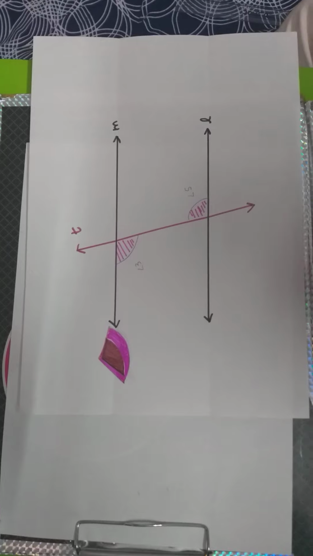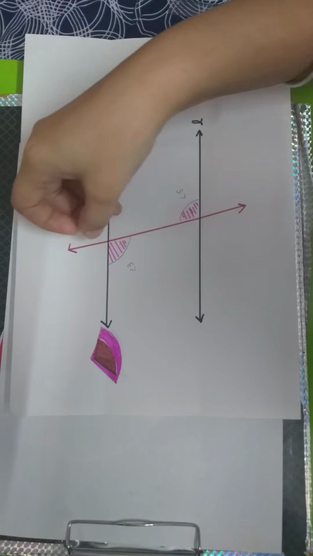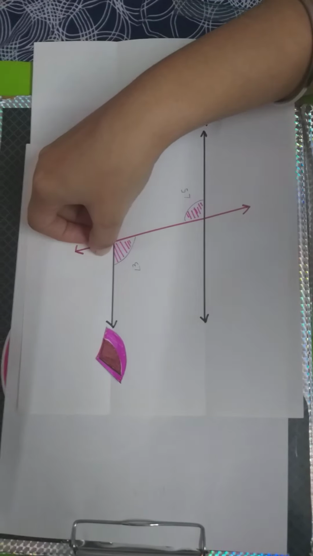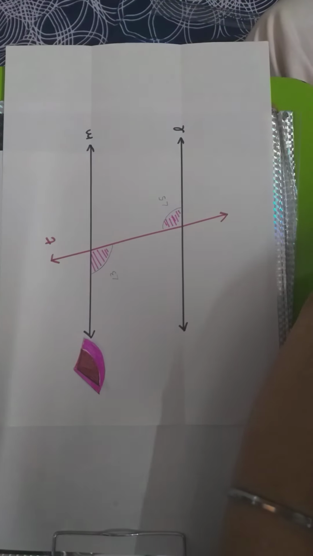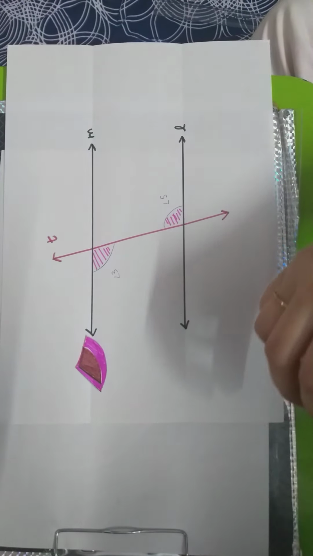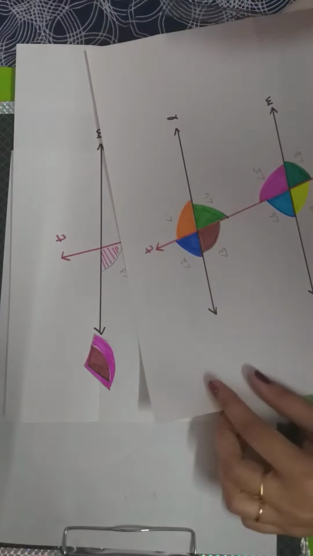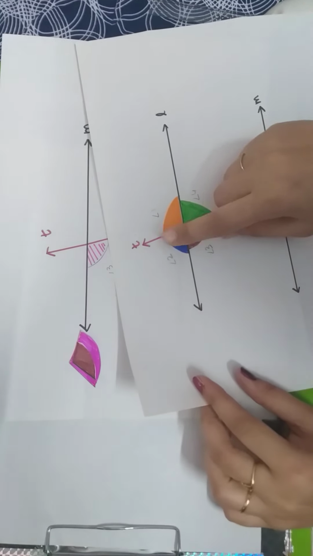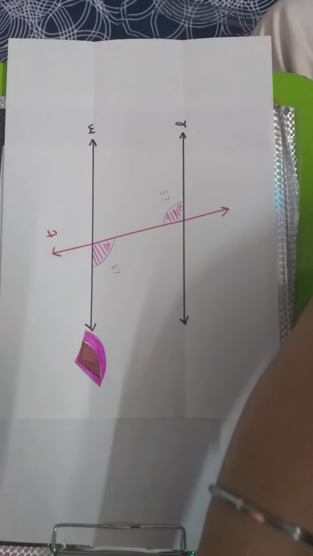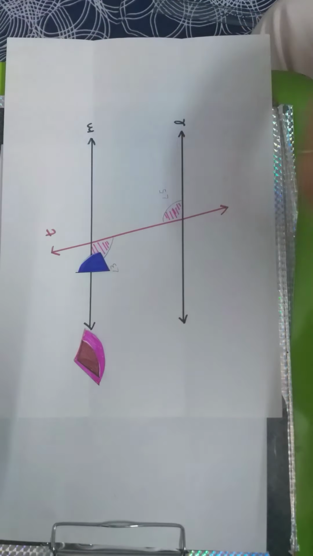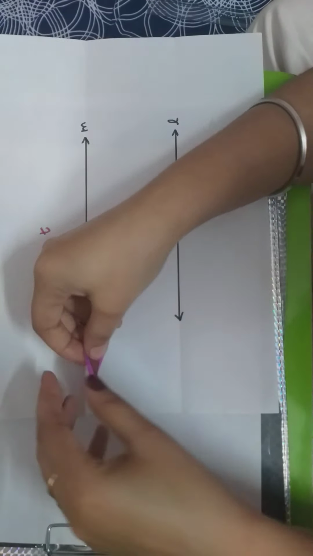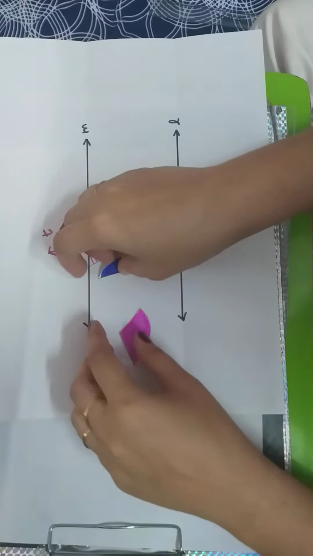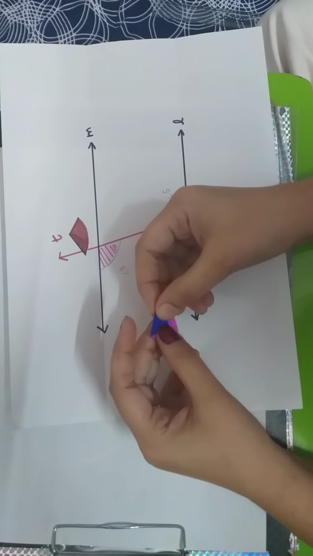Now I will take the next color, which is this one. This one was your blue color. As you can see, this one was your blue color. So I cut out the blue one. Now I will compare the blue one with both of these. Are they coming to be equal?